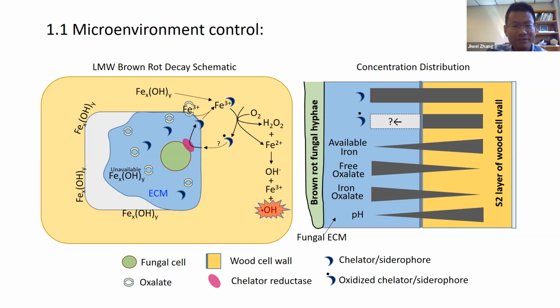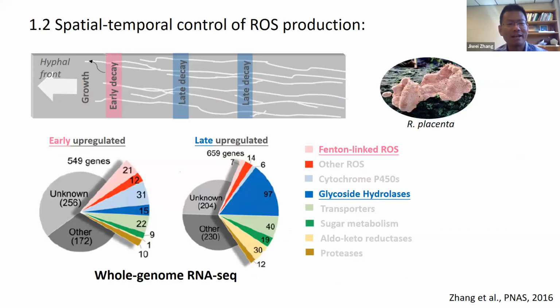So instead of testing this hypothesis, I tried to test another hypothesis, the spatial and temporal segregation of the ROS production. To do this, we let the fungus decay a piece of wood, and we let it grow along the wood wafers.